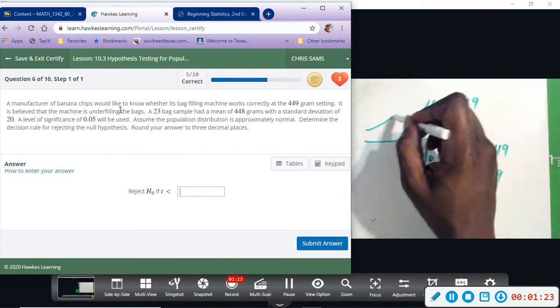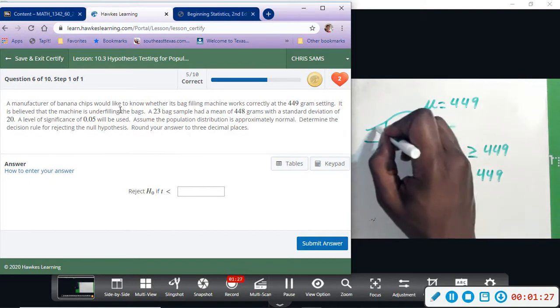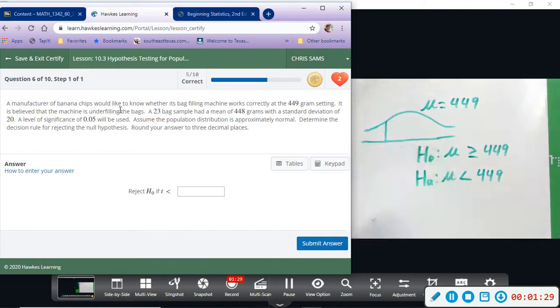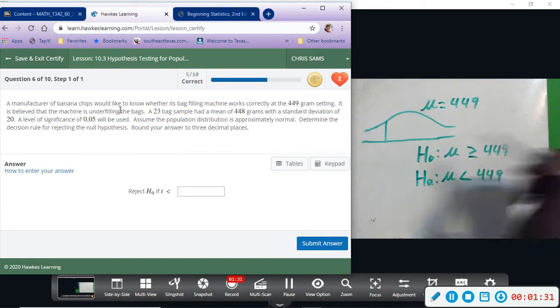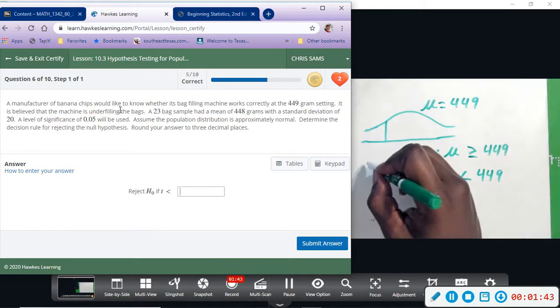So that puts me in this position. We have a left-sided test, which means whatever my critical value is, it needs to be negative, because we're on the left side. And you have to be careful with that because the table only shows you the positive values. So we are given a sample size of 23, which is what I really need.